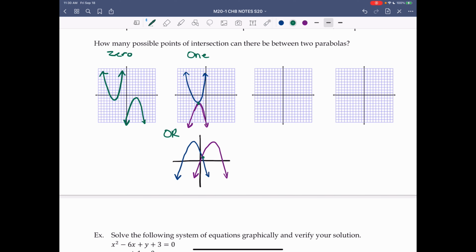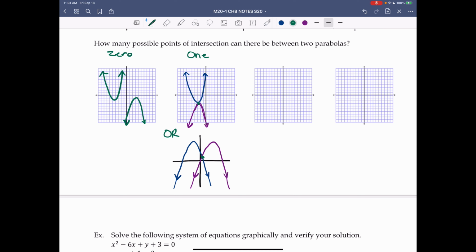So then we have where they intersect at one location. And if we continued this line and this line, they would just continue to be parallel to each other. They would have to be that so that they don't intersect again. Same with this line and this line. They would just have to continue parallel. So the two parabolas would have to be essentially the same shape, the same width. One is shifted off to the side, and then we could have one solution.